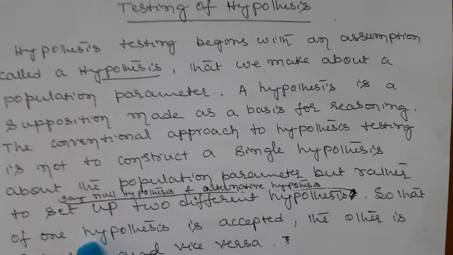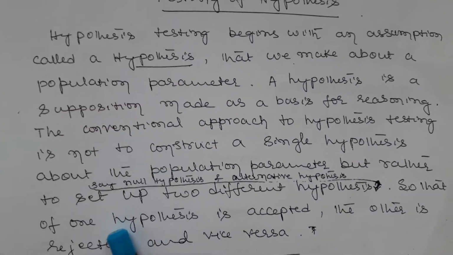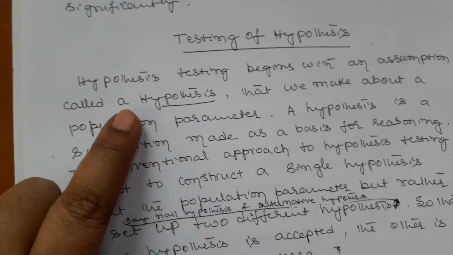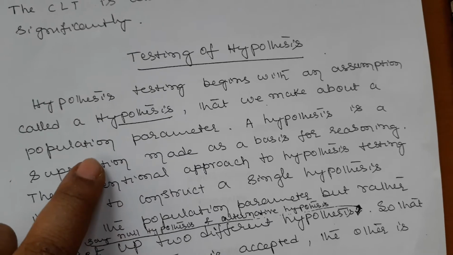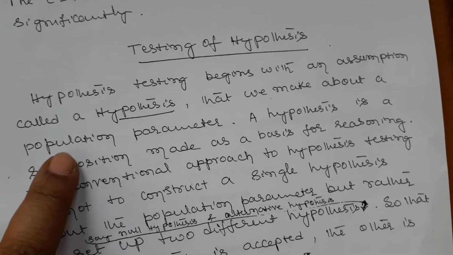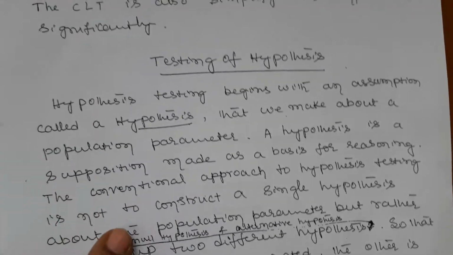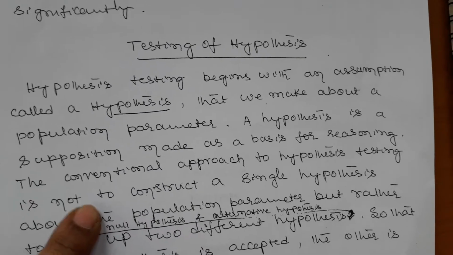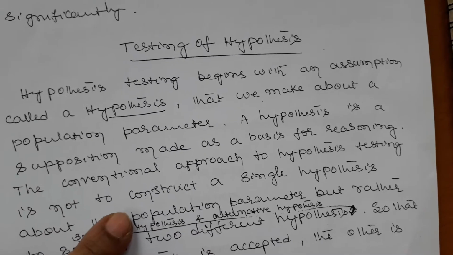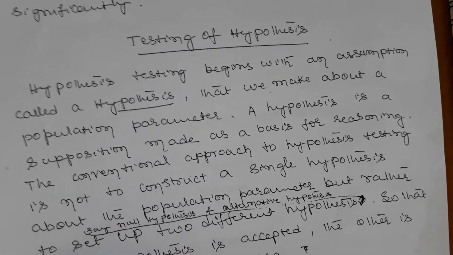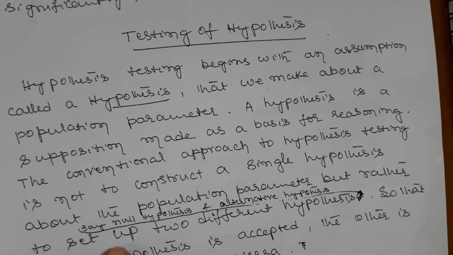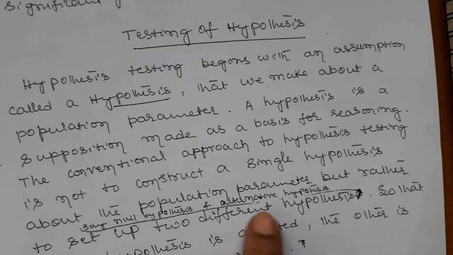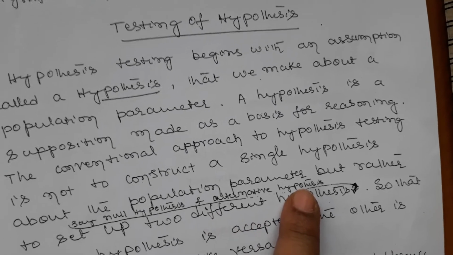The meaning is, hypothesis means first we have to do the assumption, based on the population parameter. You can't take just one assumption, because that is not very effective. We take two assumptions. One assumption is called the null hypothesis, another is called the alternative hypothesis.